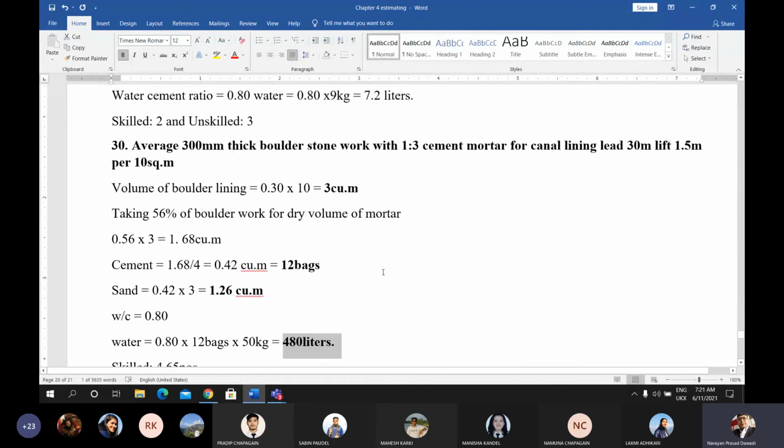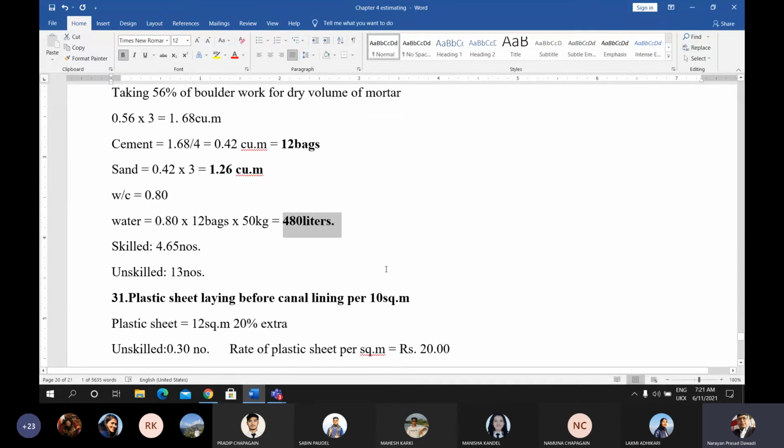And for labor, skilled 4.65 numbers and unskilled 13 numbers, because you have to carry and break the boulder. The boulder is 3 cubic meters, so more labor is required here, because the boulder is heavy. It has to be laid on the surface of the bed and sides of the canal for lining purpose.